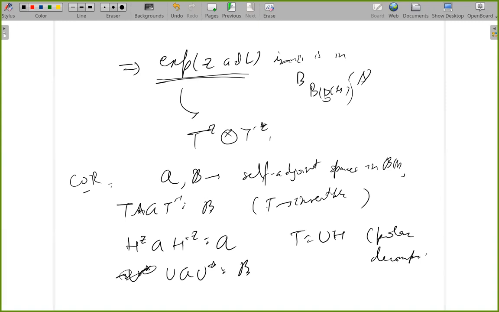So a kind of similarity between A and B implies unitary similarity. And also, as a byproduct, it is giving you a 2-parameter group of inner automorphisms, 2 parameters given by the complex numbers, and a 1-parameter group of star automorphisms, if I choose just z to be a purely imaginary number, right?